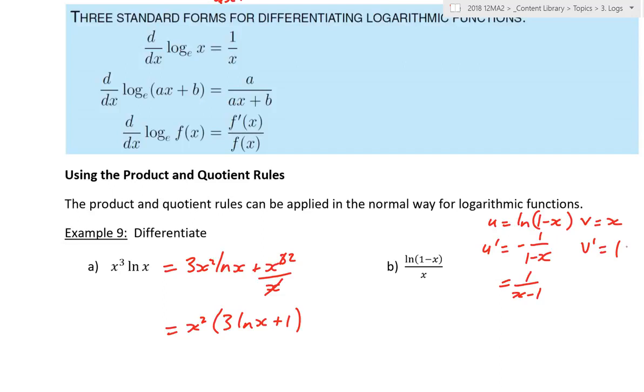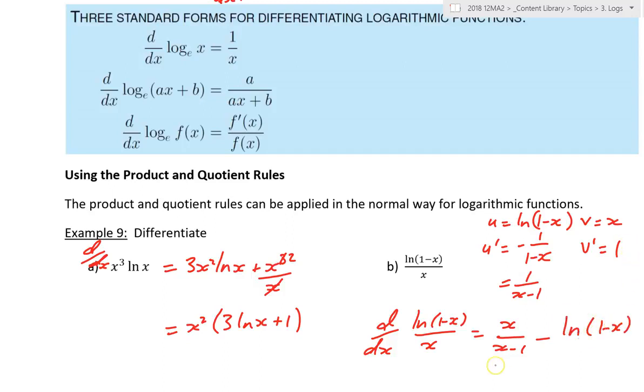That's good. Now, d/dx of the log of 1 minus x over x equals: v u prime, x over x minus 1, this one times this one, minus u v prime, the log of 1 minus x times 1.